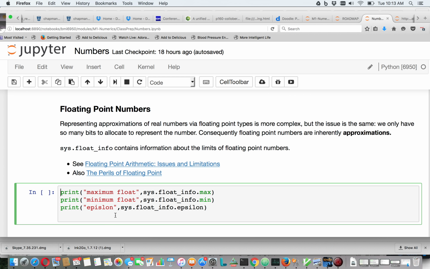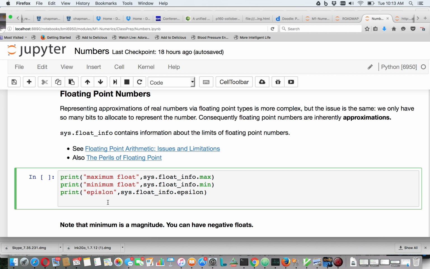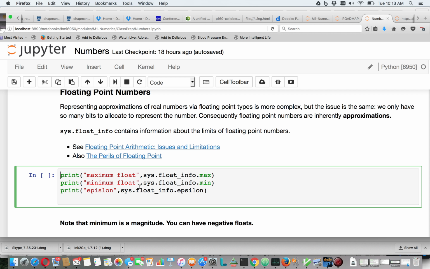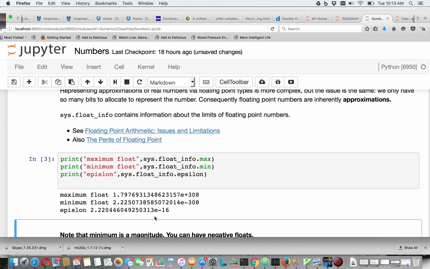So epsilon is the smallest difference that I can detect between two numbers, and my maximum float and my minimum float are the largest real number and smallest real number that I can represent. And so here basically we have 10 to the 308th is my largest number, and 10 to the negative 308th is the smallest. And the smallest difference I can accurately compute between two numbers is on the order of 10 to the negative 16th.